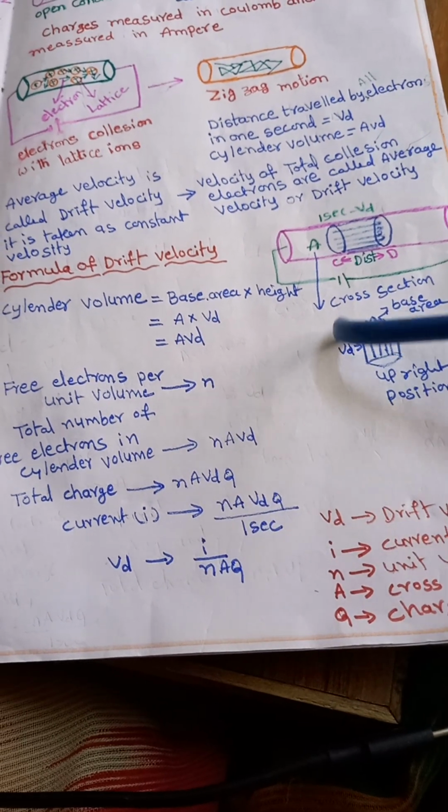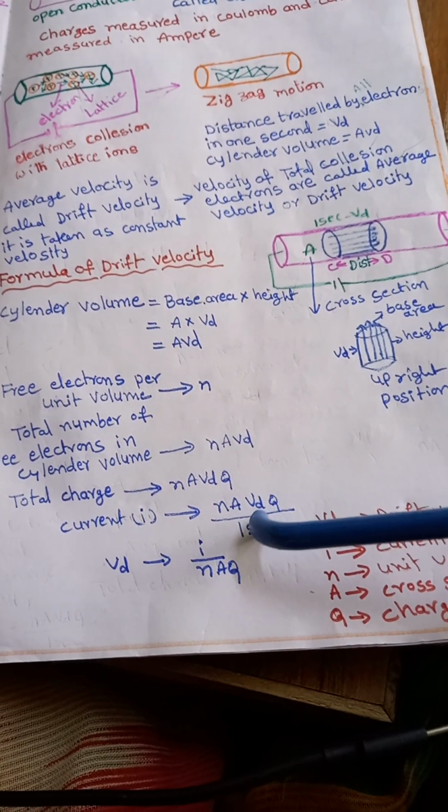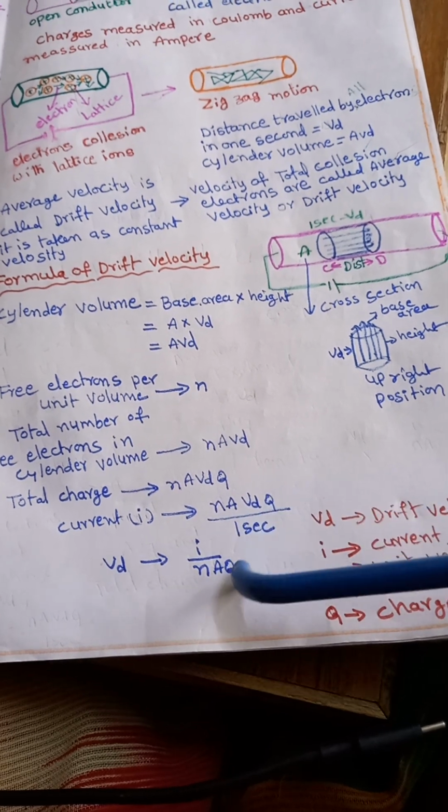The current passing through this conductor is N A Vd Q per 1 second.